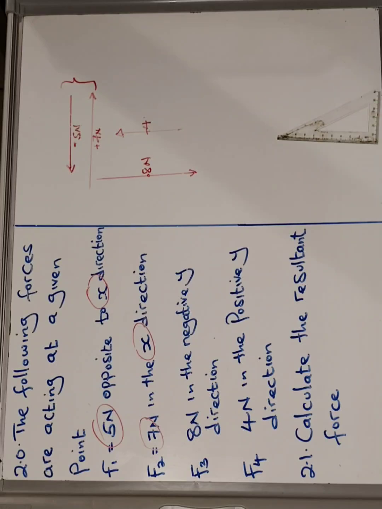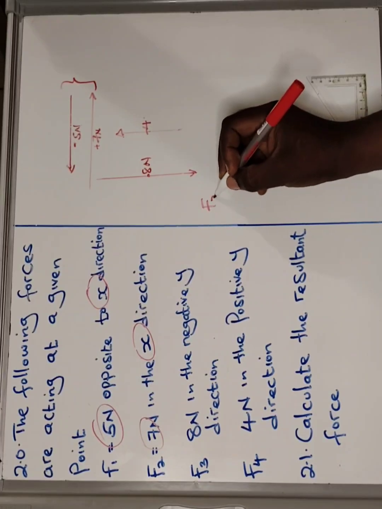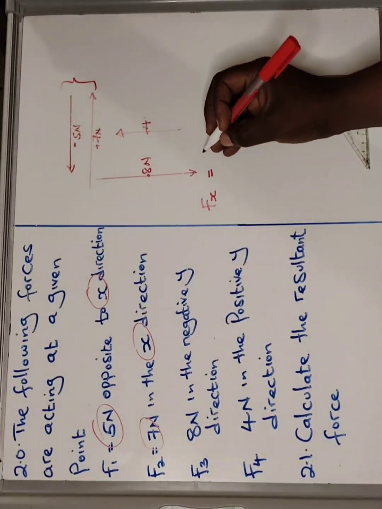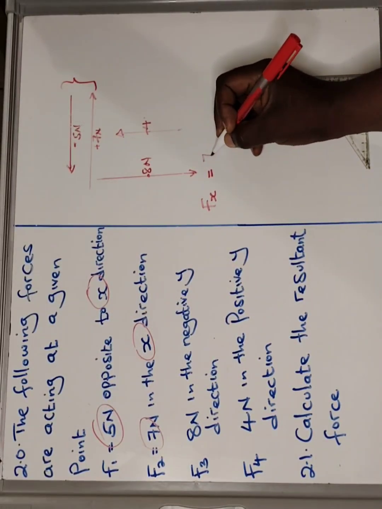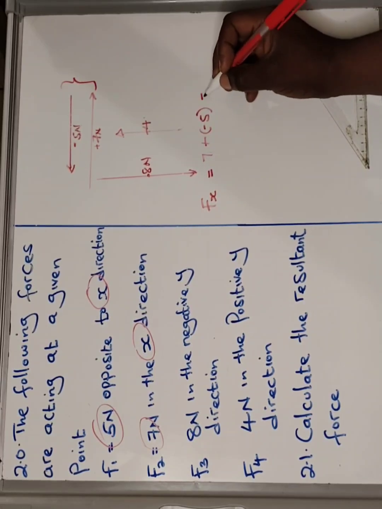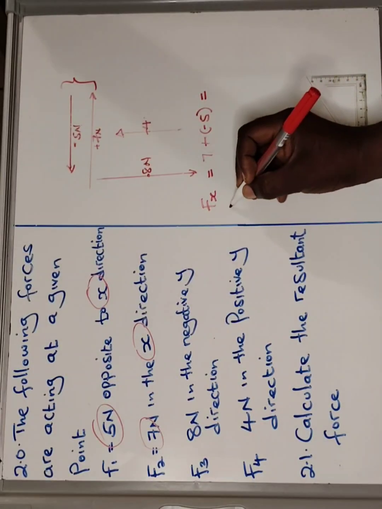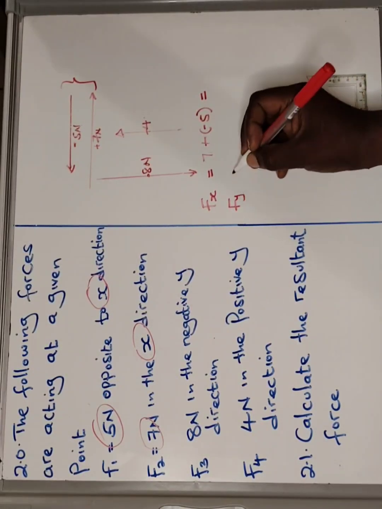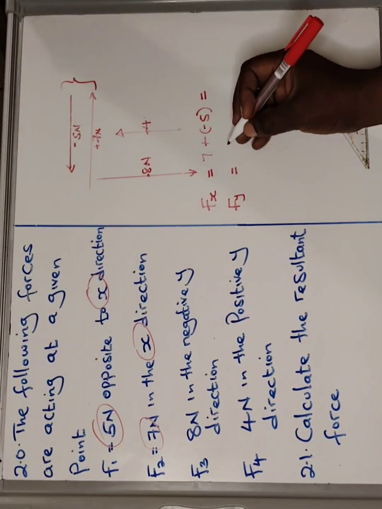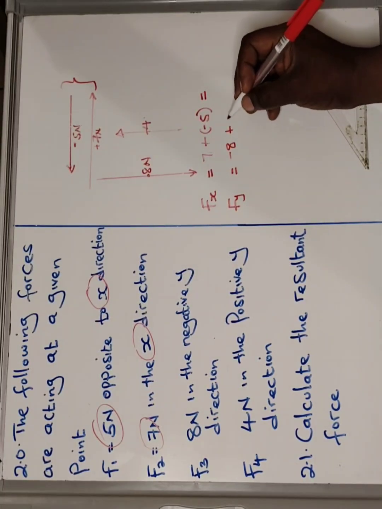You can say that in the x direction, our resultant is going to be 7 plus negative 5 will give you F resultant x. And in the y direction, we are going to say negative 8 plus 4.